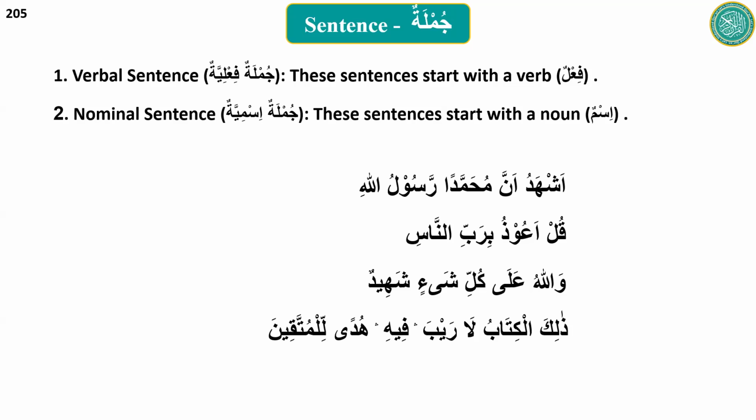So we have to ignore wa. Wa is a harf. When the jumla is starting with a harf, you just ignore the harf and go to the next word. So Allah, it's an ism, jalala. So it's a jumla ismiya, you said, right? Yeah, that's correct.